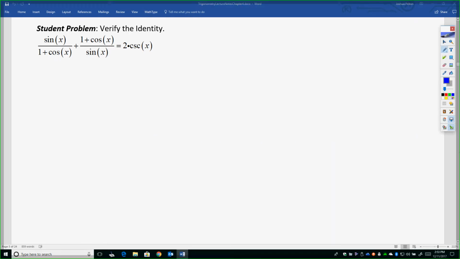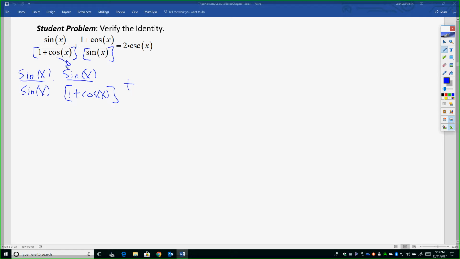Alright, student problem. Let's make common denominators. So common denominator here, they have nothing in common. So the common denominator is going to be a combination of both, which is sine times 1 plus cosine. So the first one's missing a sine. Alright, so the first fraction went there.